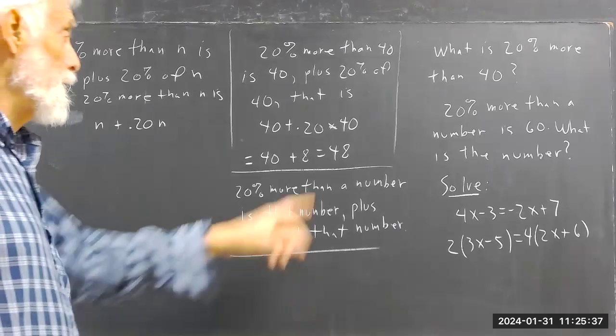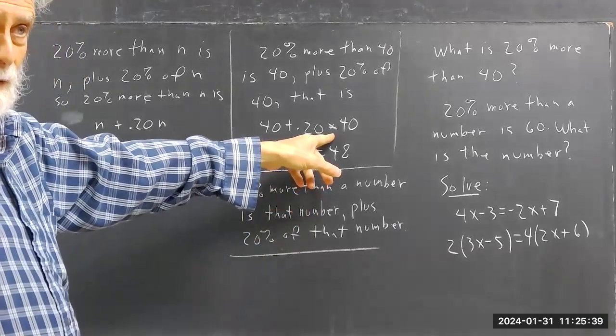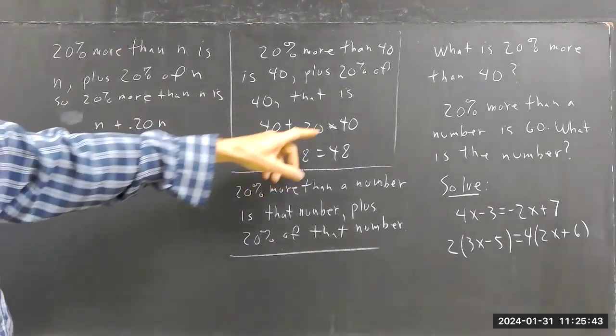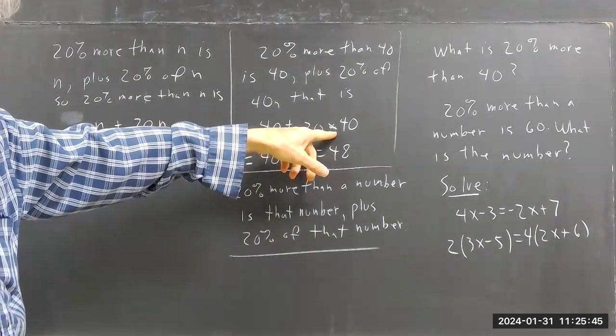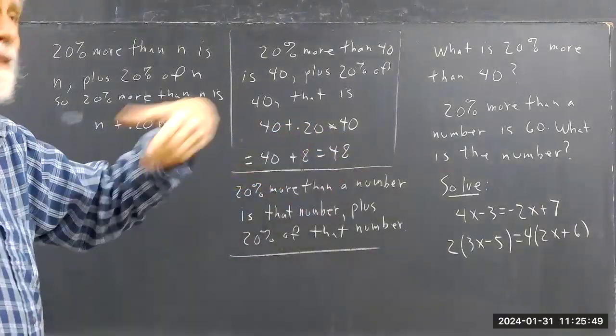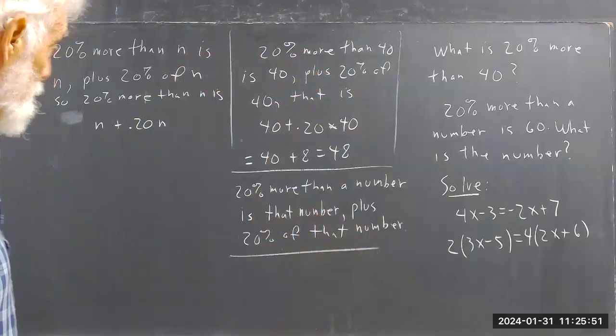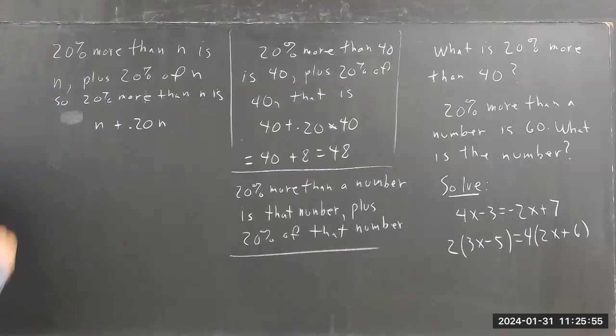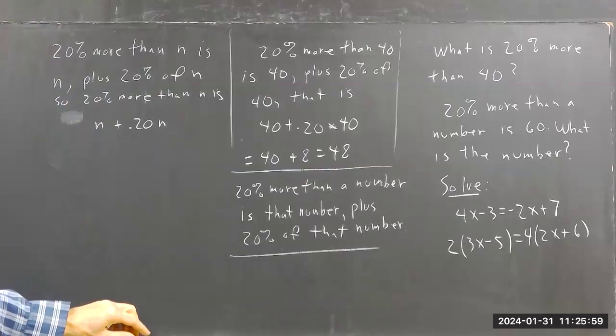Okay, so I didn't use the times sign like I did here. And I needed the times sign here or some indication of multiplication. So I just wrote 0.2040. That wouldn't make any sense, at least not in terms of the problem. Okay, so 20% more than that is N plus 0.20 N.